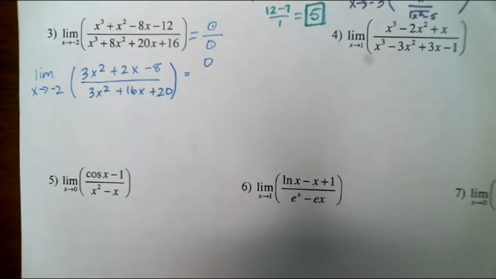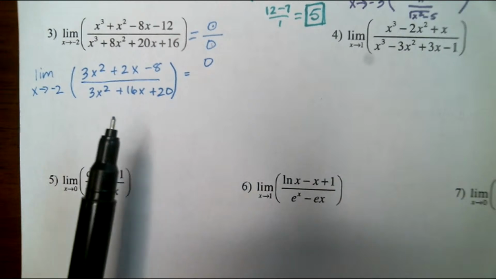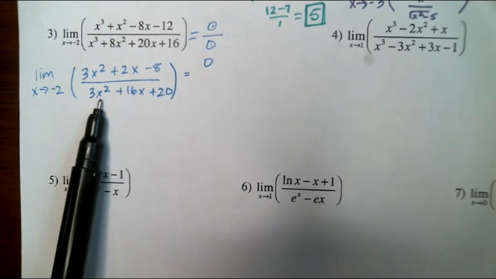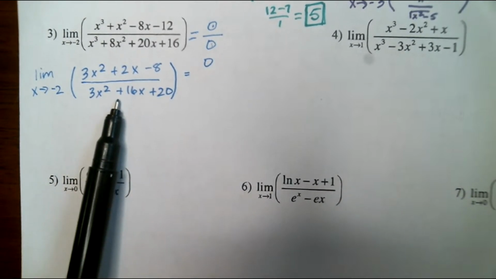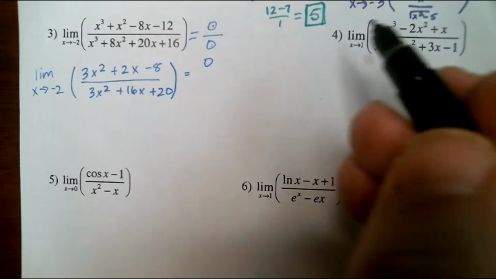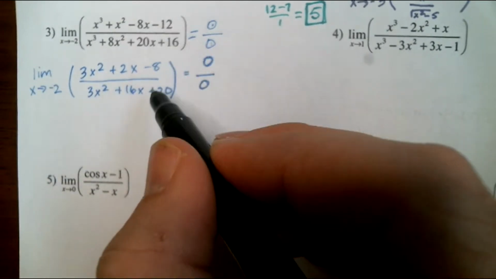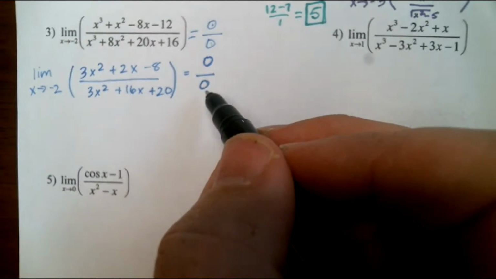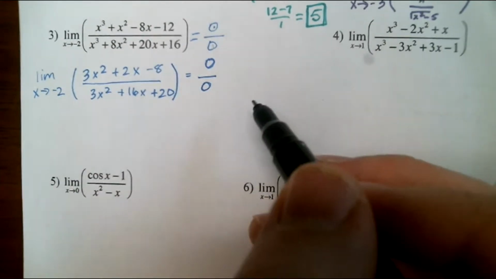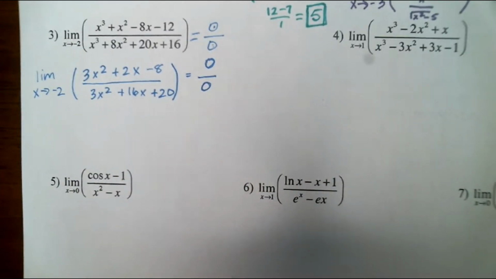And the bottom would be 12 minus 32 plus 20, which is also 0. So after my first derivative, I found 0 over 0. So tell me this. What do you think we should do from there? Call it indeterminate, or any other ideas of what we could do from there?